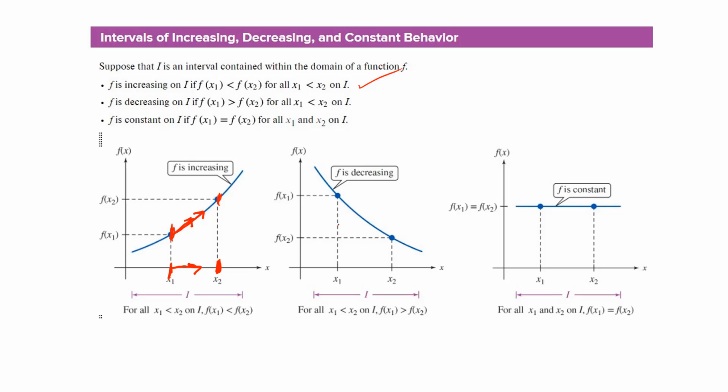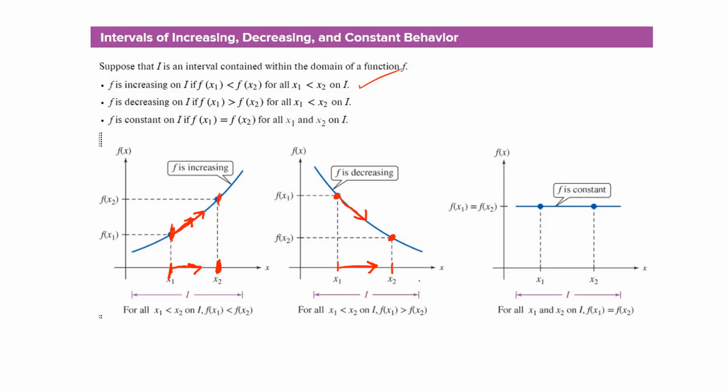Then decreasing. If a function is decreasing on a certain interval from x sub 1 to x sub 2, that means as x is going up, y is going down. So x sub 1 less than x sub 2 means f of x sub 1 is greater than f of x sub 2. As x goes up, y goes down in that interval.